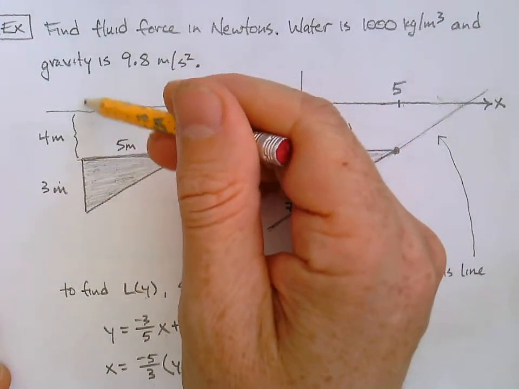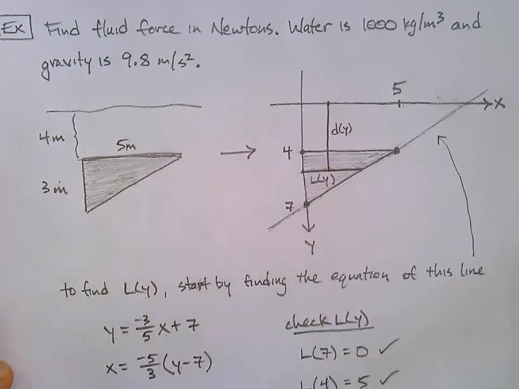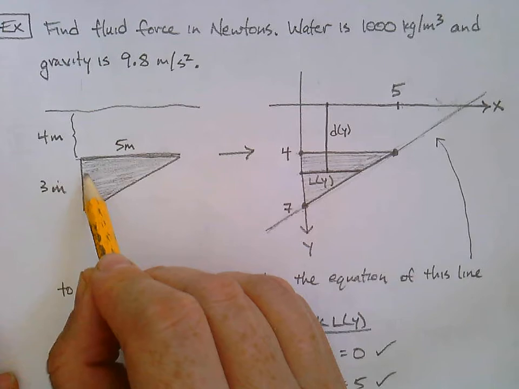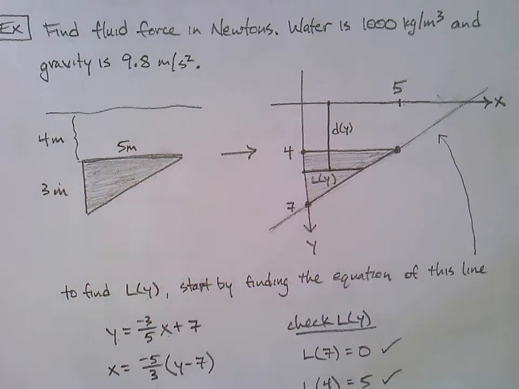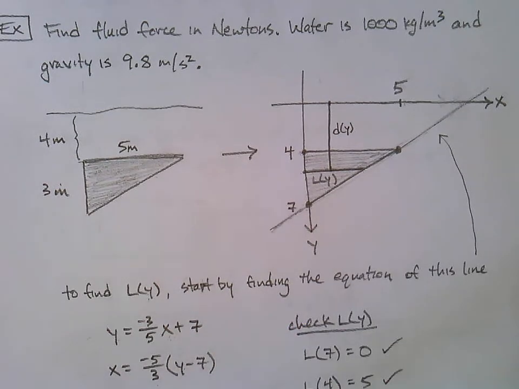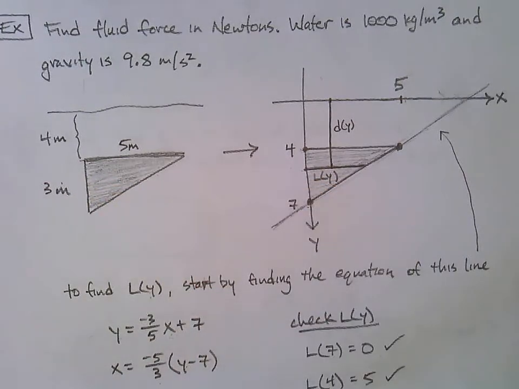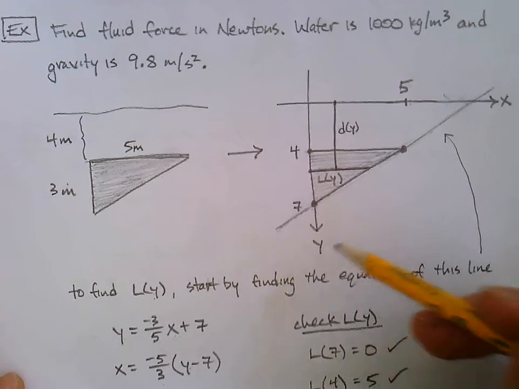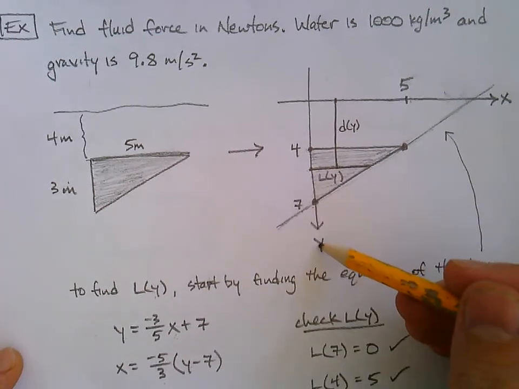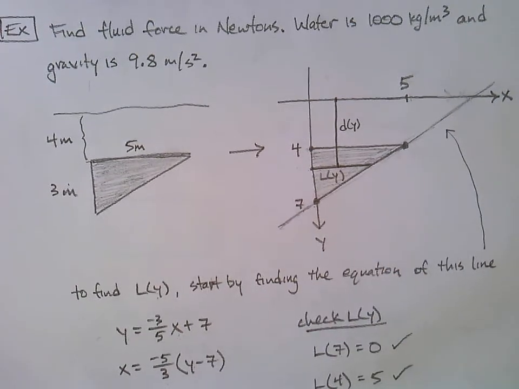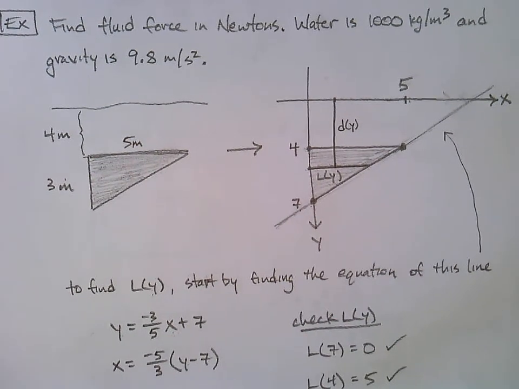So here it made sense to go right down along that edge. In other problems, it might make sense to go right down through the center of the plate, and maybe you get some nice symmetry doing that. But here, and in a lot of problems, you'll just go right down along that edge. And I recommend make your y going positive in the downwards direction, since depth does that. That matches how depth works.